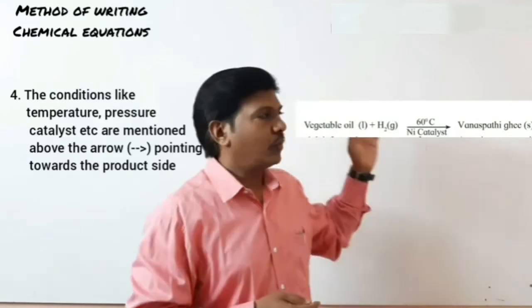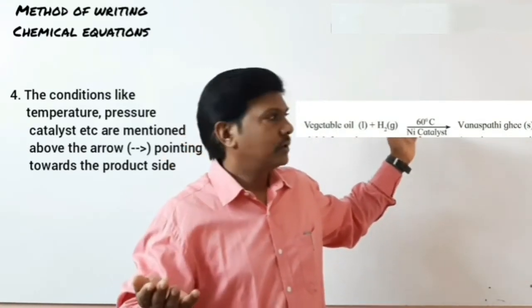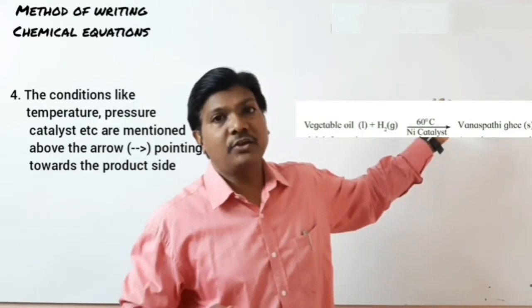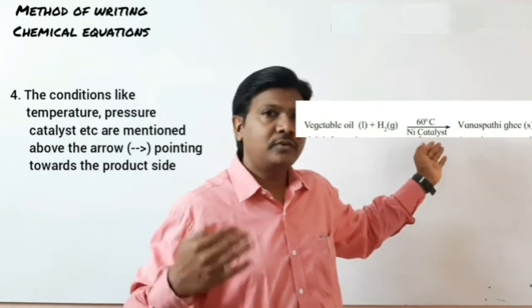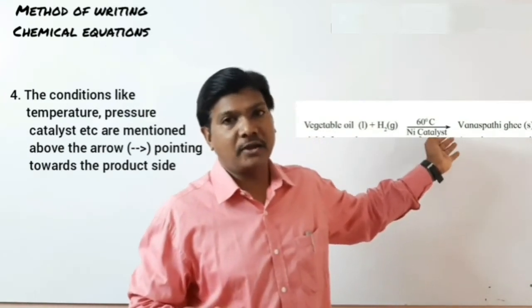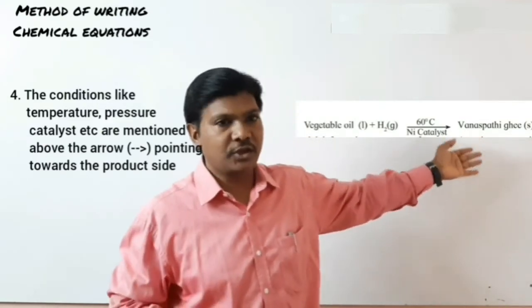Example, vegetable oil plus hydrogen. That gives, with temperature 60 degrees Celsius and the catalyst used here, nickel, Ni, the product vanaspati ghee.